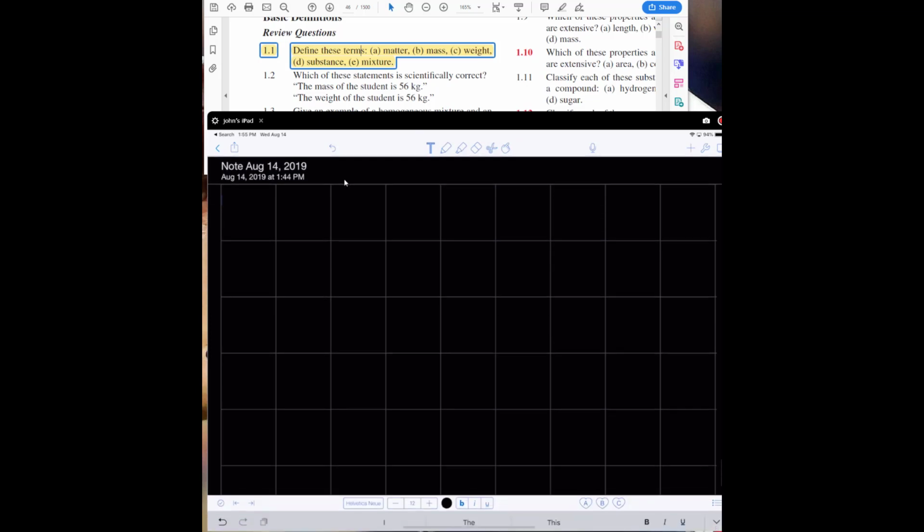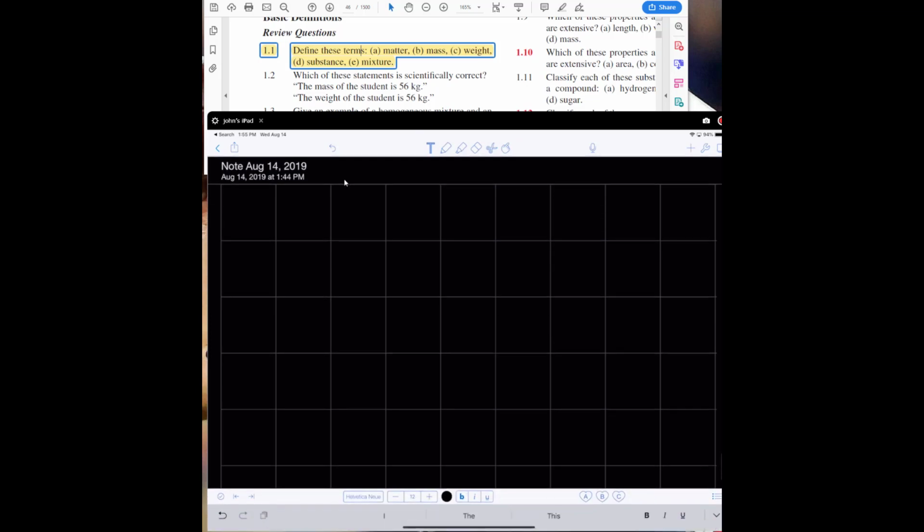I'll begin with question number 1. It says to define these terms: matter, mass, weight, substance, and mixture. So the way that we are going to define these terms, I'll use a sizable font.